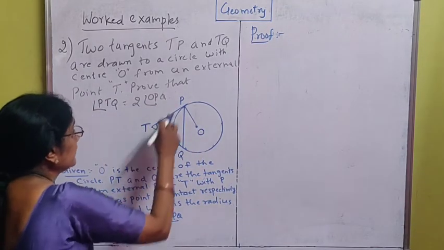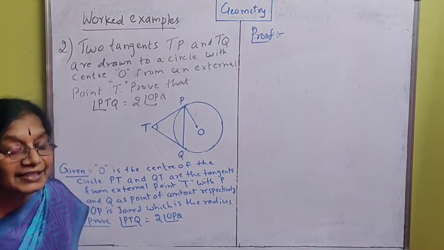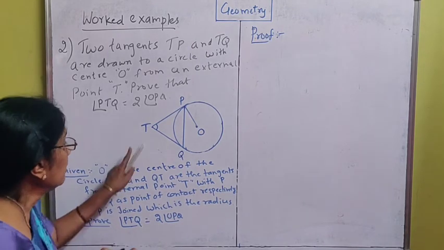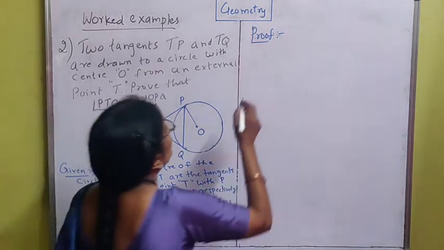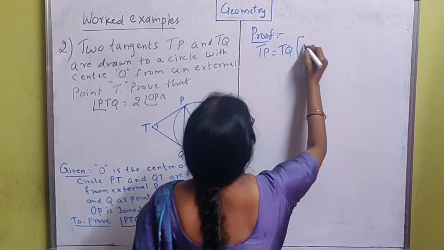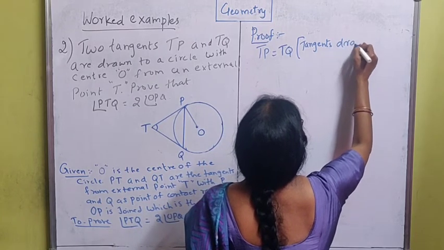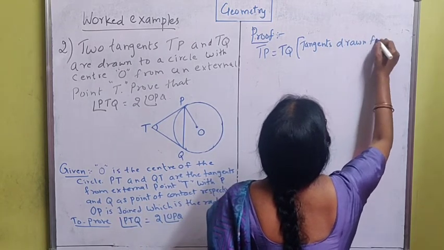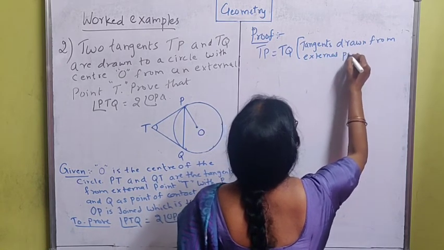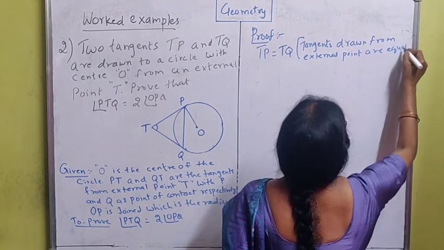Now you can see that PT and QT are the two tangents. Theorem 4.2, what does it tell us? That the tangents drawn from an external point are equal, meaning TP is equal to TQ. So TP is equal to TQ. Reason: tangents drawn from an external point are equal.